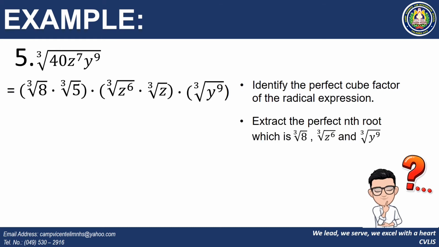The next step is extracting the perfect nth root of the cube root of 8, which is 2, the cube root of z raised to the power of 6, which is z squared, and the cube root of y raised to the power of 9, which is y cubed.